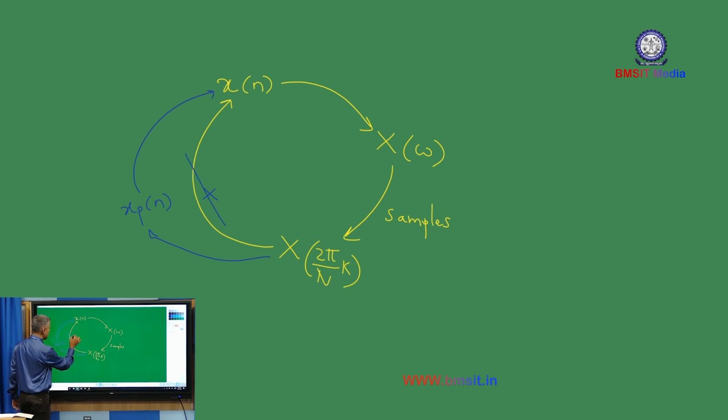So this is not directly obtained. This is how we actually obtained it. So we obtained x_p of n.